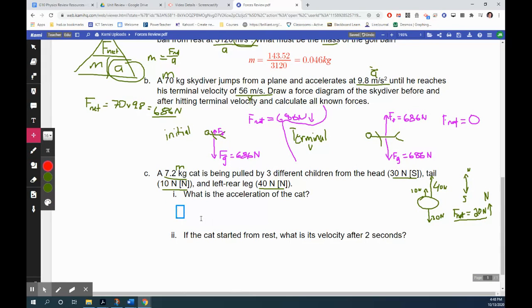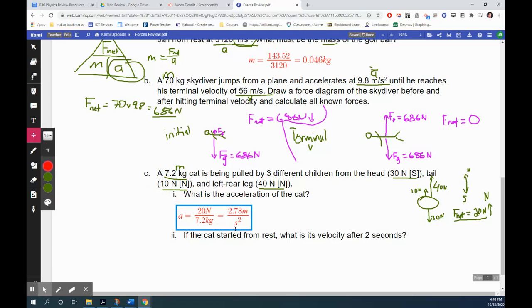So acceleration equals F net divided by m, which is 20 divided by 7.2, just to be clear, 7.2 kilograms and 20 newtons. That gives us 2.7777, which is 2.78 meters per second squared. It has to be meters per second squared because it's an acceleration.